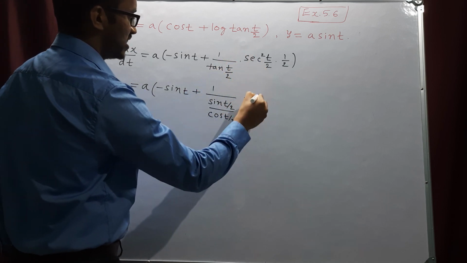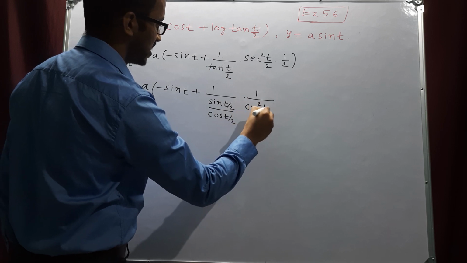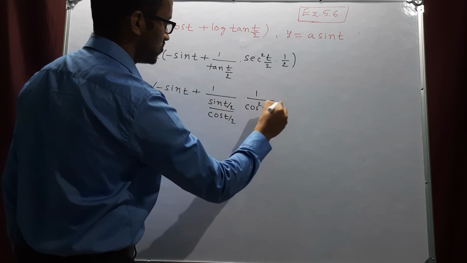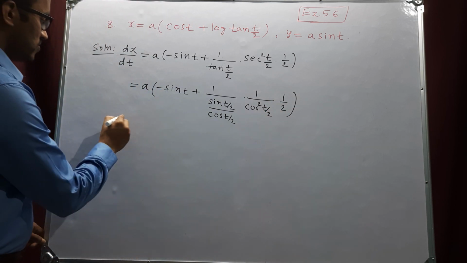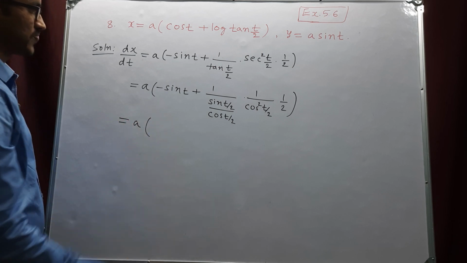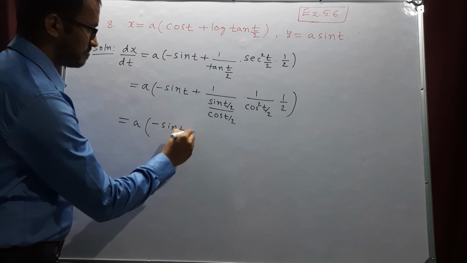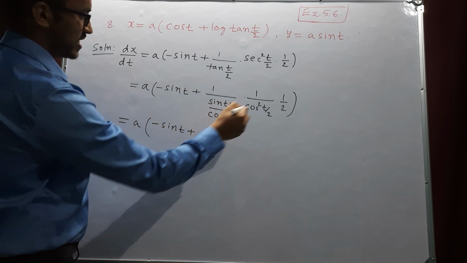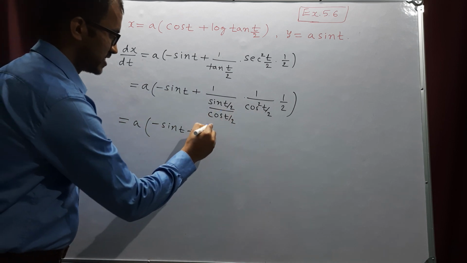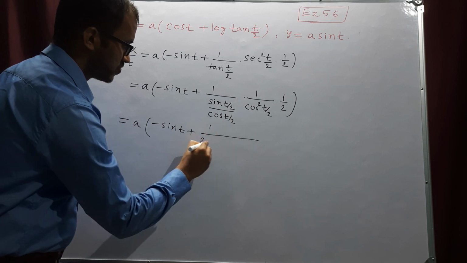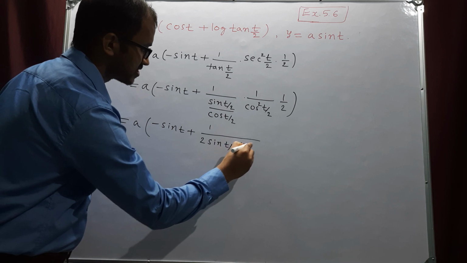Again secant square t by 2 can be written as 1 by cos square t by 2 into 1 by 2. So that is equal to a into minus sin t plus, so from here we can cancel one cos t by 2. The remaining thing is 1 by 2 times sin t by 2 into cos t by 2.